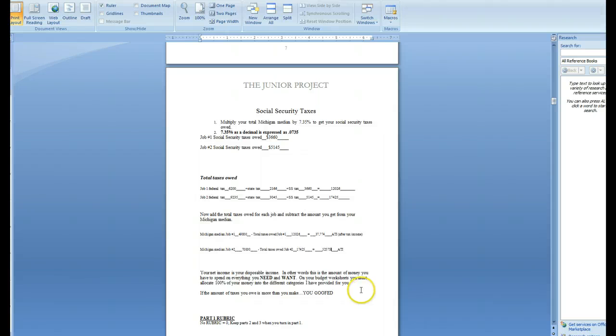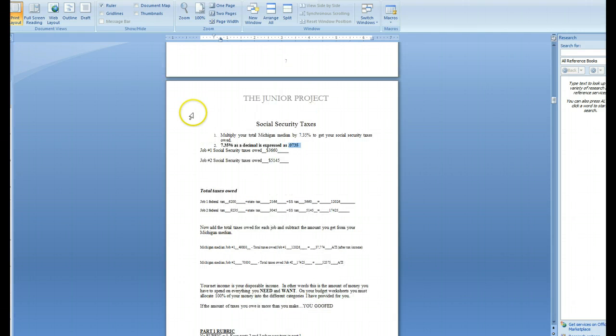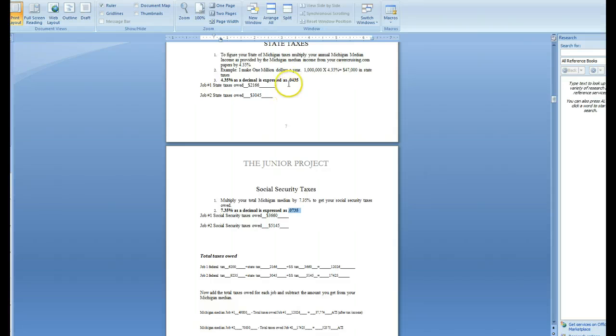Again, if you are paying more in taxes than you're making, you made a mistake somewhere. So just be careful. Watch those decimals. So this 0.0735 and this 0.0435 are really important. When you put it in the calculator, it's 0.0435.